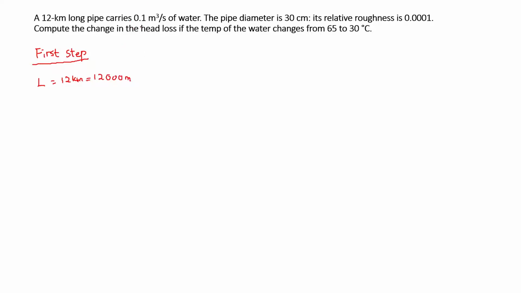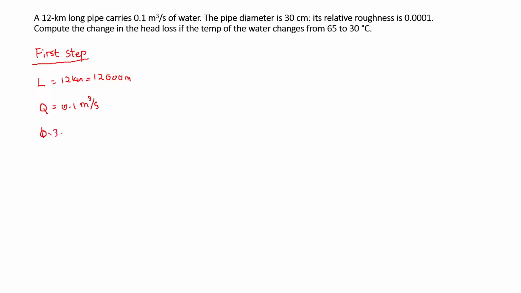So this is the Q. Q is given as 0.1 cubic meter per second. Okay, the pipe diameter is 30 centimeter.